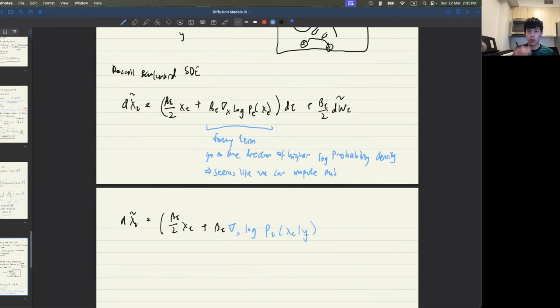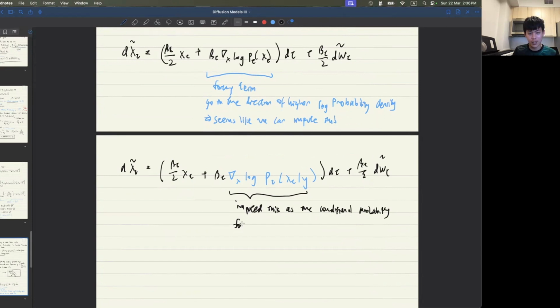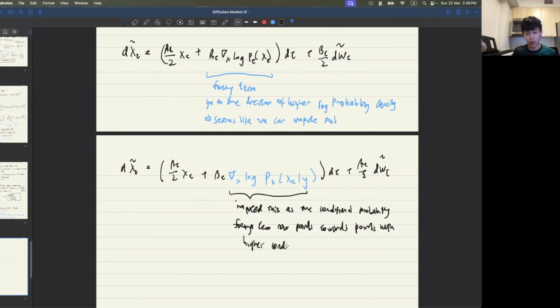We condition on y, what is the updated probability density? And we want to go in the direction of maximum likelihood, dt plus square root of beta_t dw_t tilde. So we have imputed this as the conditional probability. The forcing term now points towards points with higher conditional probability.